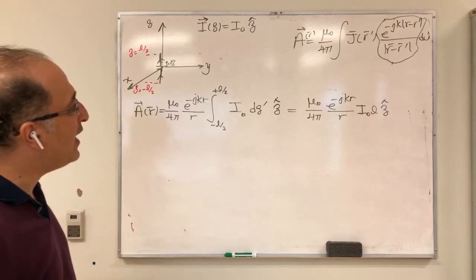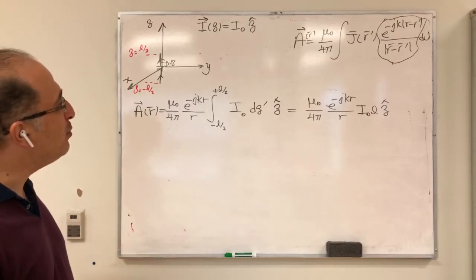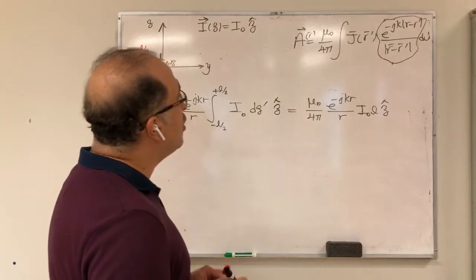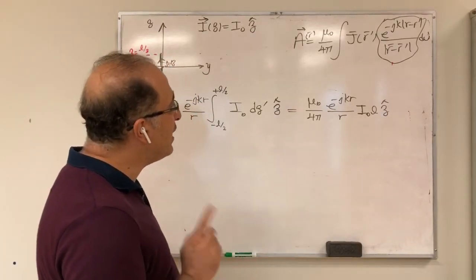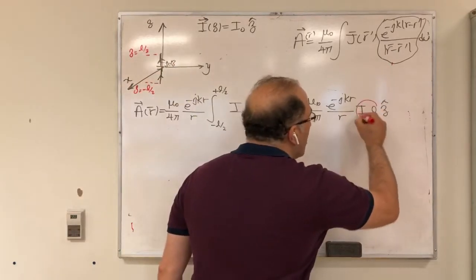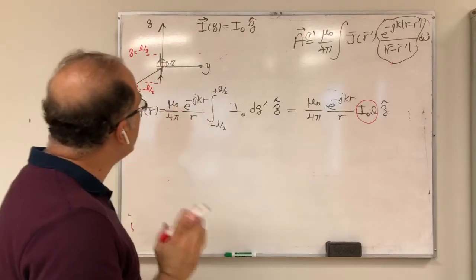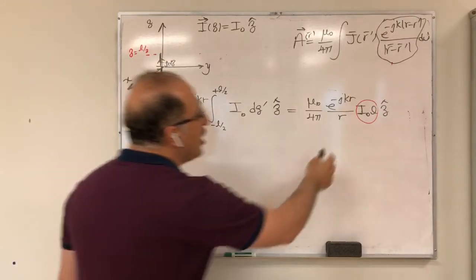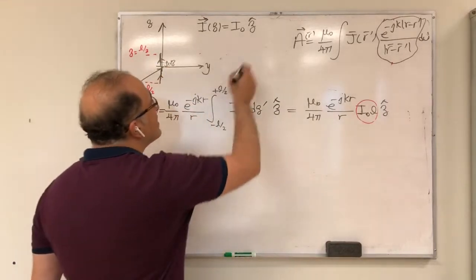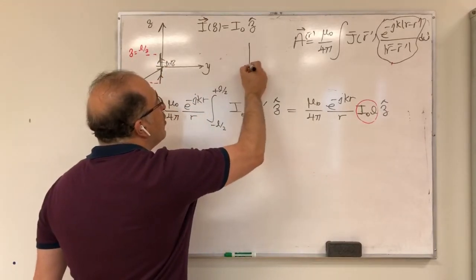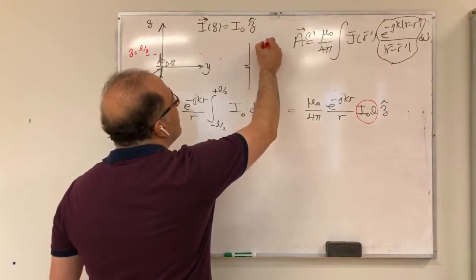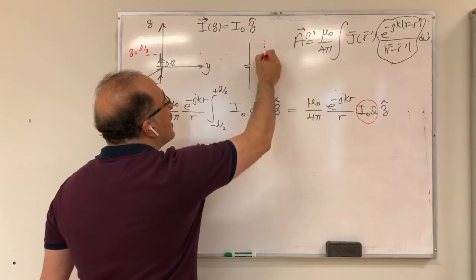So this is my A, essentially, and I want to make a few points here so that you can observe it better. One thing I want you to pay attention to is that we have this I naught times L. If you pay good attention, you realize that this I naught times L is the area under the curve. What do I mean by this? Remember, this is my dipole, and I assume the current on the dipole is uniform. So everywhere I go, I'm assuming I have I naught.